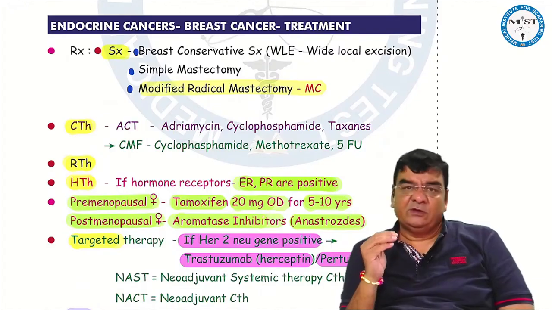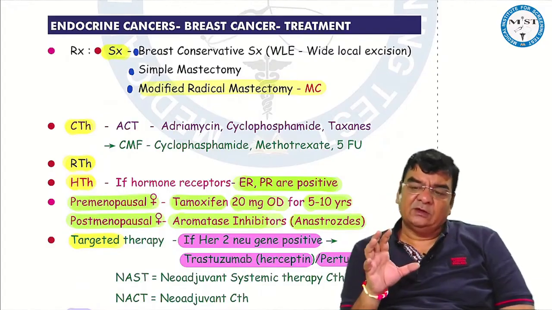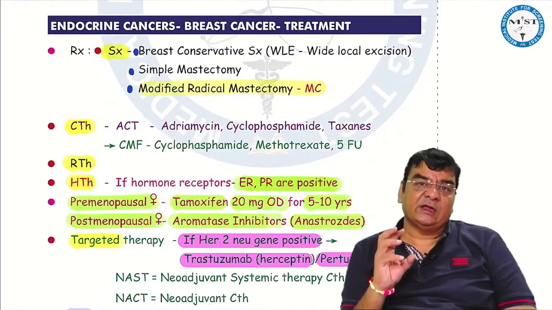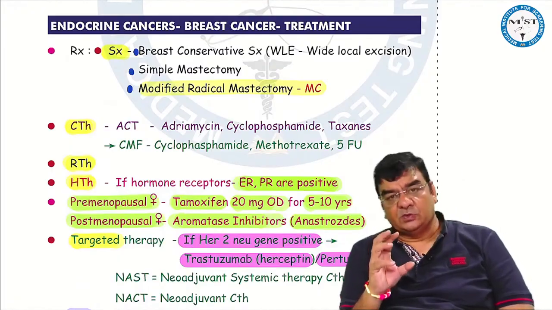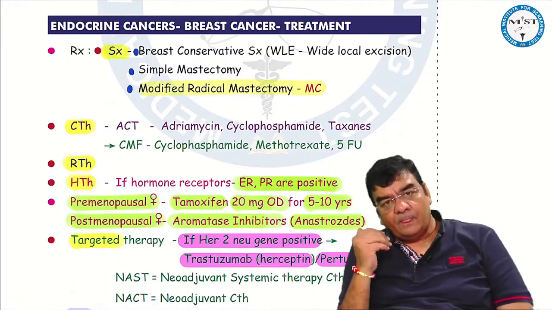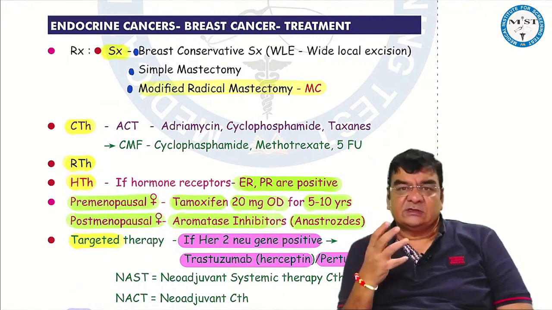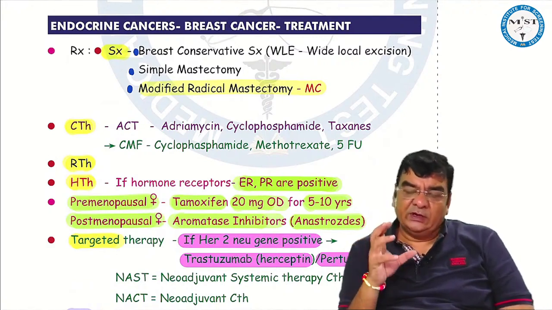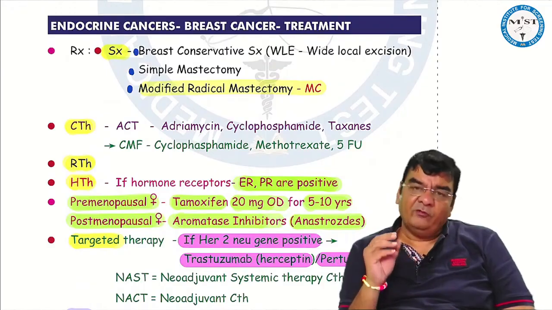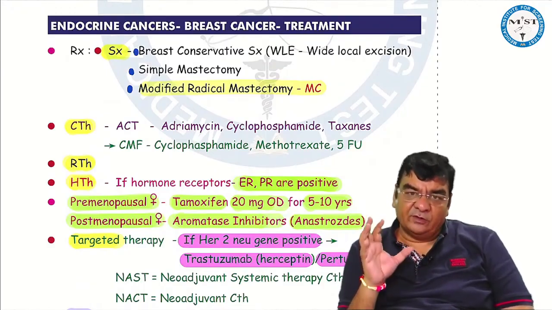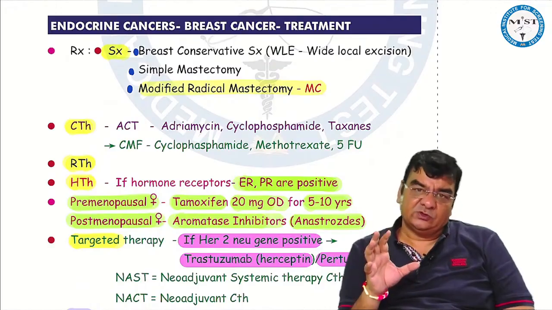Hormonal therapy should be given in all those patients where the estrogen receptors and progesterone receptors are positive on the cancer cells, cancer tissue. That means the culprit for this breast cancer is estrogen. So in these patients where estrogen and progesterone receptors are positive, we give hormonal therapy as anti-estrogens.